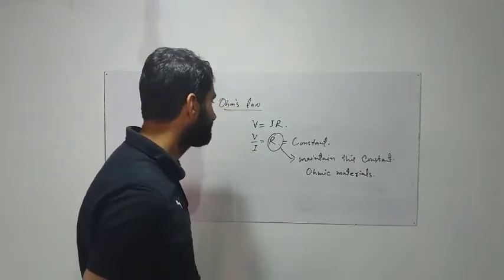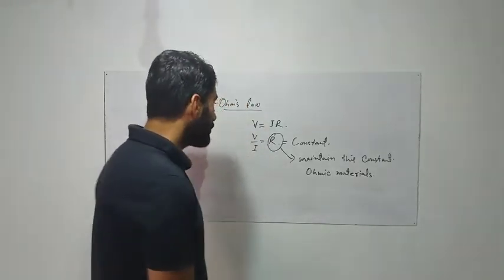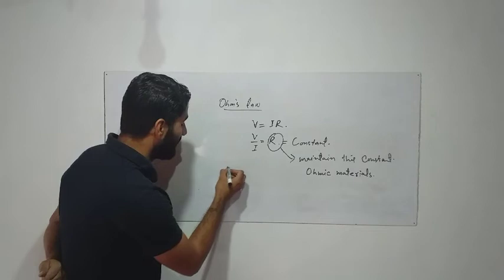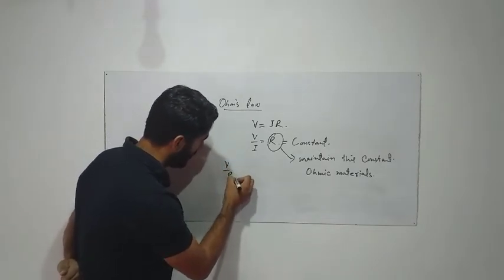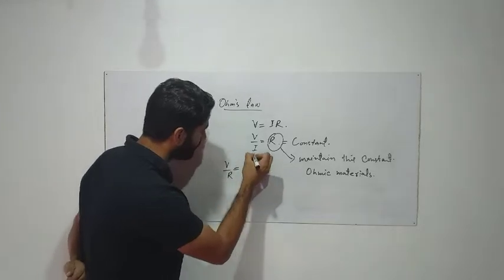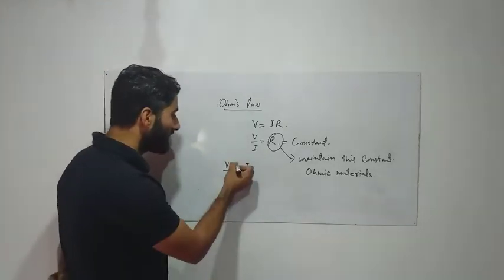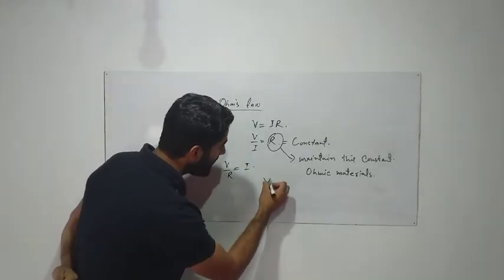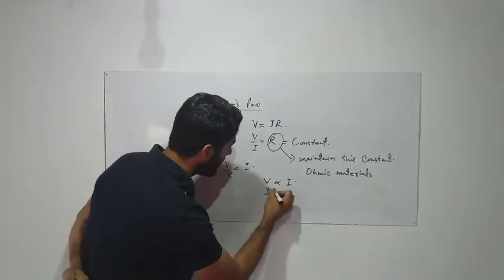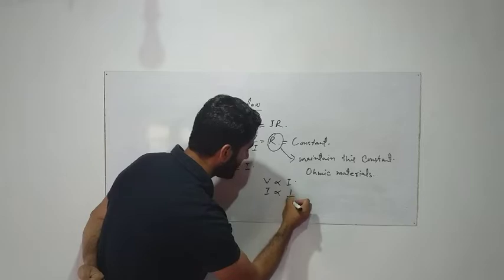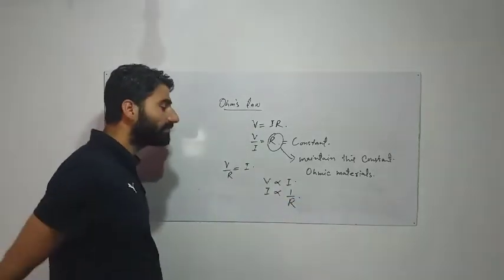All right? So this relation can also be written in this form. We can write V divided by R is equal to I. So this relation shows us that I is proportional to V, and I is inversely proportional to the resistance. All right?